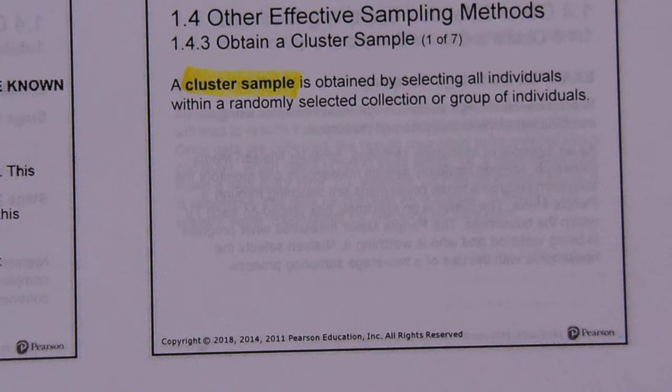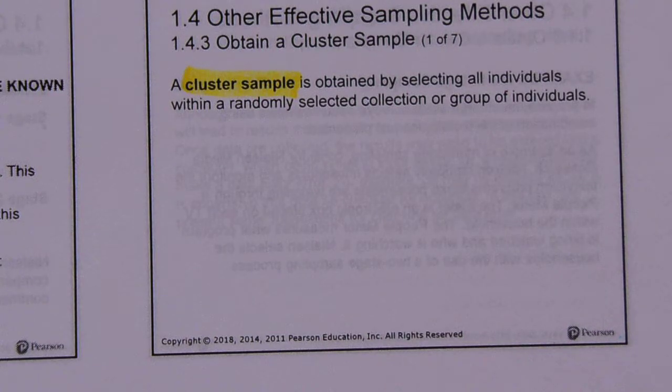If we wanted to sample Midland College students, maybe we use all 9:30 classes on Tuesday. We number off those classes, then randomly select, say, 5 of those classes, and we survey everybody in that cluster.